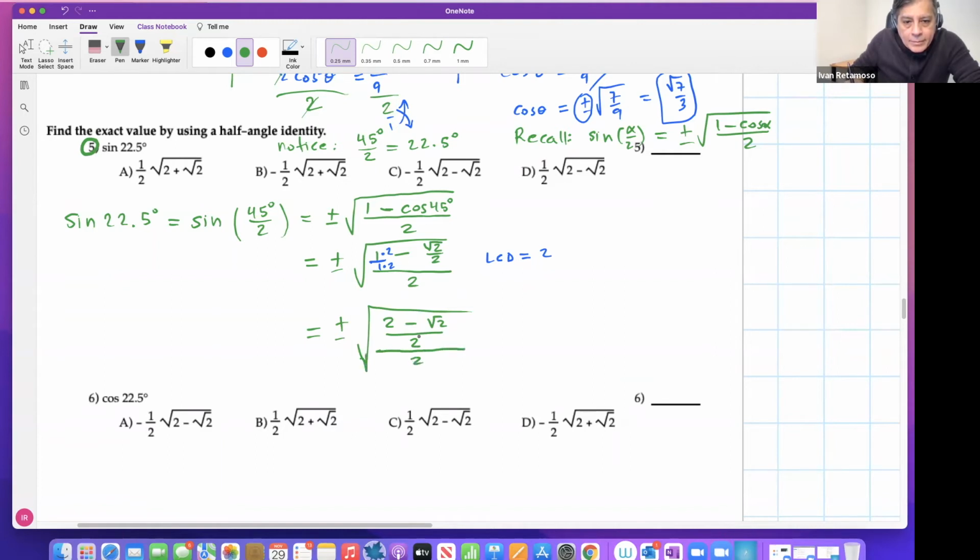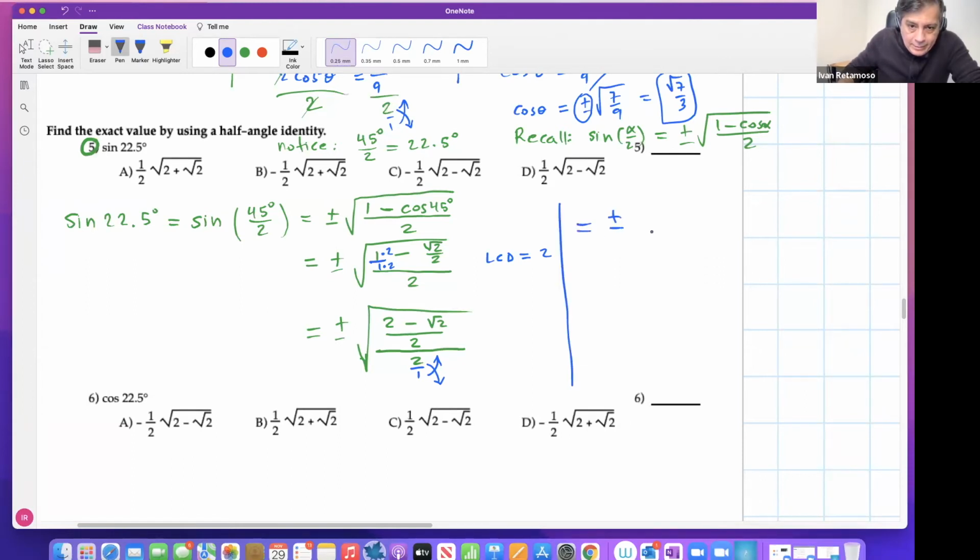But now, remember guys, this number 2 is the same as 2 over 1. So I am dividing this fraction by this other fraction. That is equivalent to multiplying this fraction on the top times the reciprocal of this fraction on the bottom, right? So let's do it here.